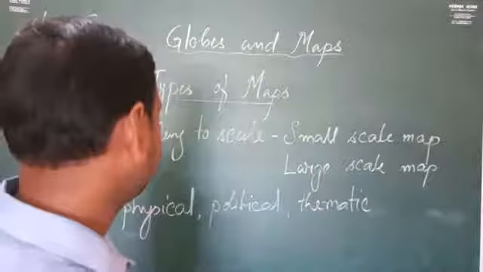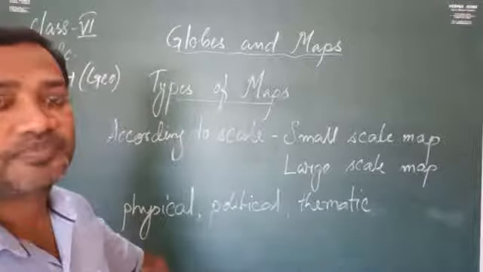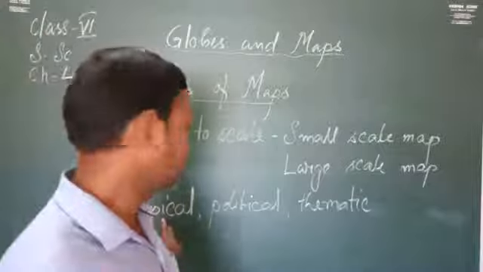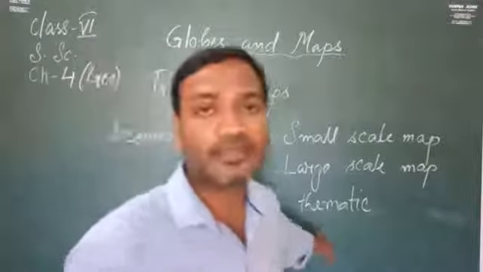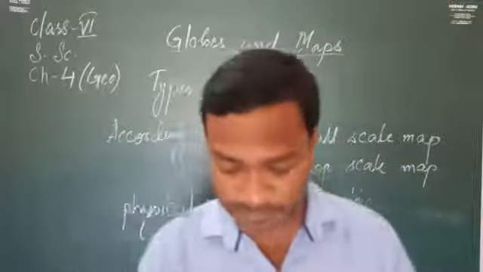According to function we find these three types of maps. These are mostly used by people, and these three kinds of maps are very useful.